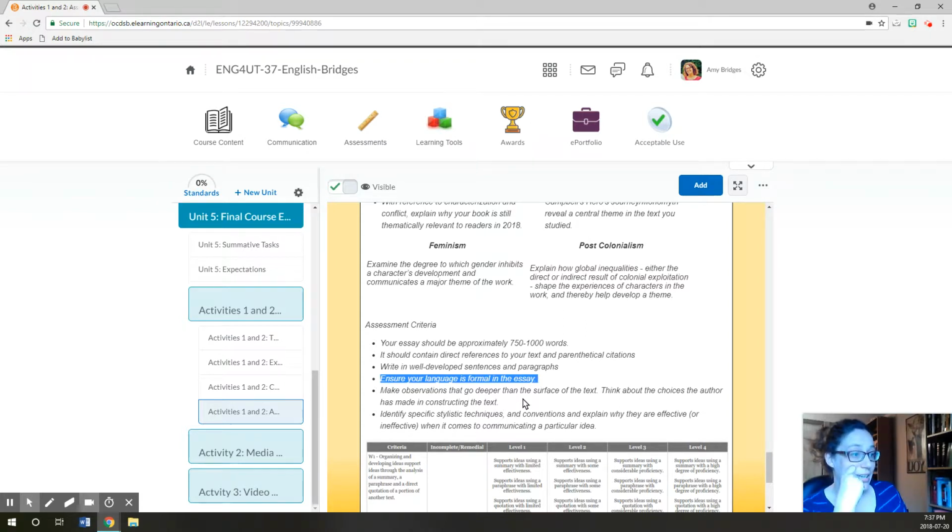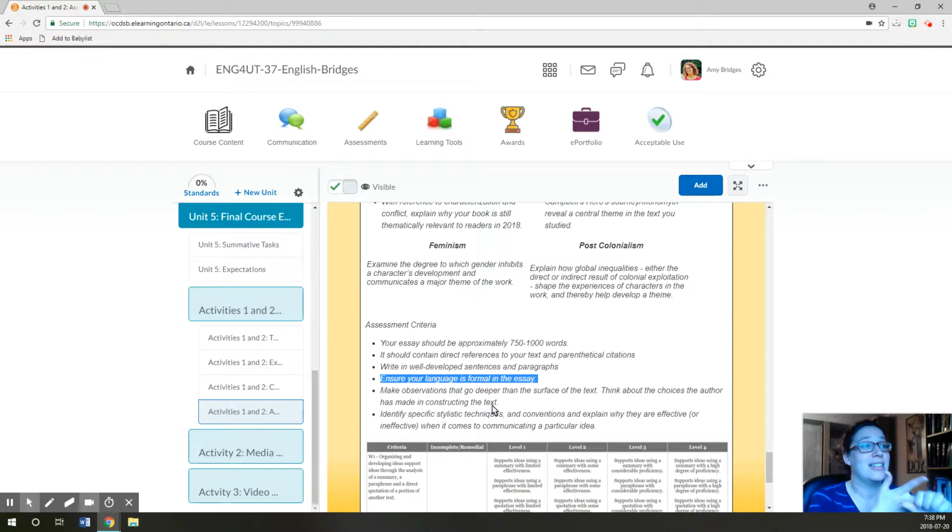Make observations that go deeper than the surface of the text. So don't just tell me how women behaved in the text or how women were treated in the text. Think about the choices that the author is making to construct certain ideas within the text. So we're looking for, is there symbolism? Did the author use structure to construct any ideologies?